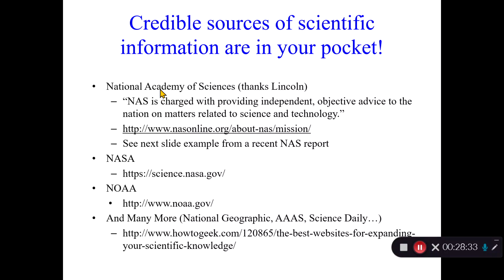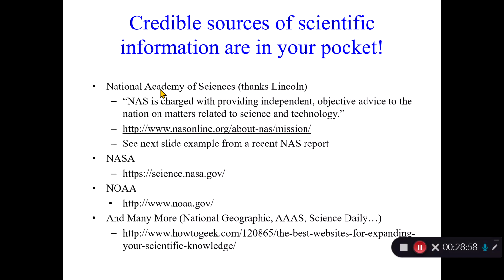How smart was Lincoln to think of that, right? That we need this body that's independent of all of the political madness, right? That we can say, okay, you are charged with providing independent, objective advice, right? So when we talk about climate change, we can read reports from the National Academy of Sciences on that. Other credible sources I have here is NASA.